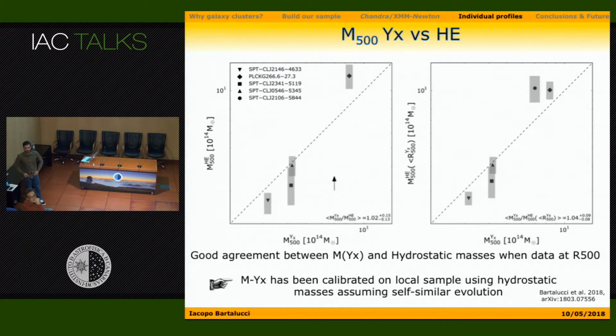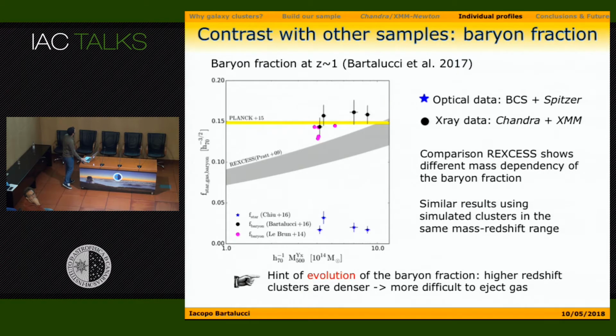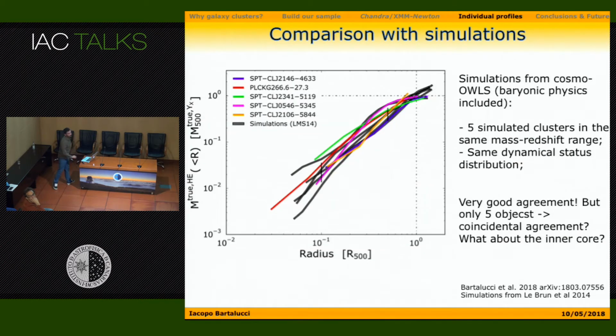Regarding the comparison with simulations, how exactly did you do the comparison? Did you generate some sort of mock observation and apply the same procedure you used on observations, or did you just get the profiles from the hot gas simulation? Okay, we start from a dark matter only simulation.